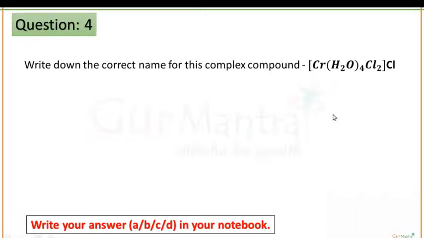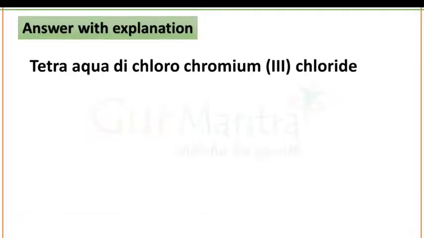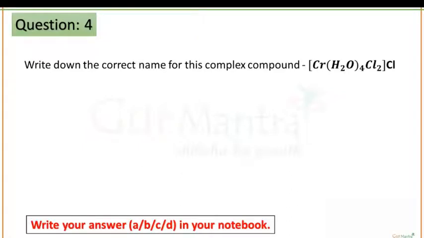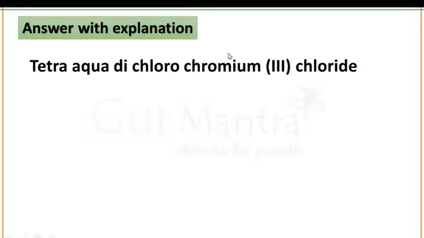The correct answer is tetraaquadichlorochromium(III) chloride. As you can see here, tetraaquadichlorochromium chloride. But what do you have to write first? Dichloro, because in alphabetical order C comes first. That's why tetraaquadichlorochromium(III) chloride.